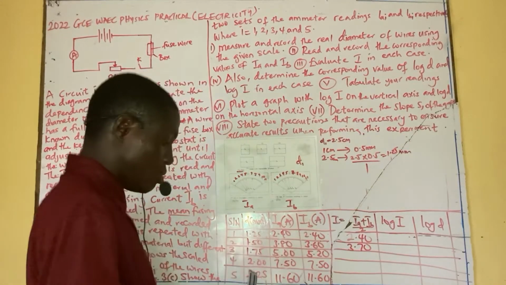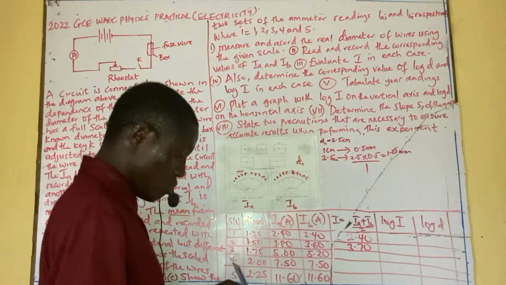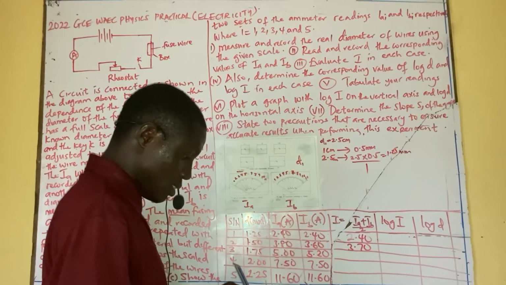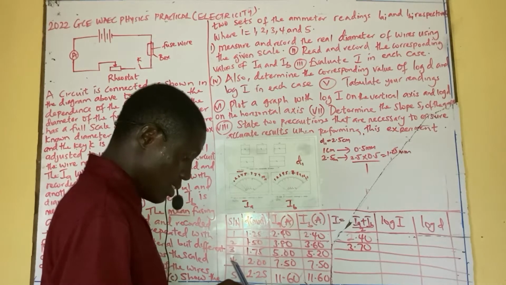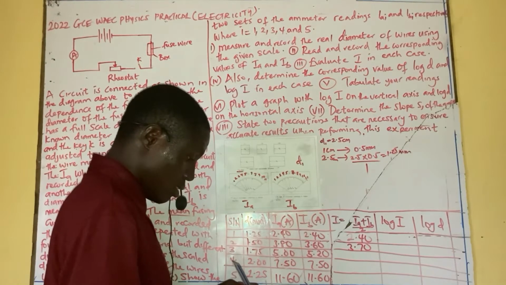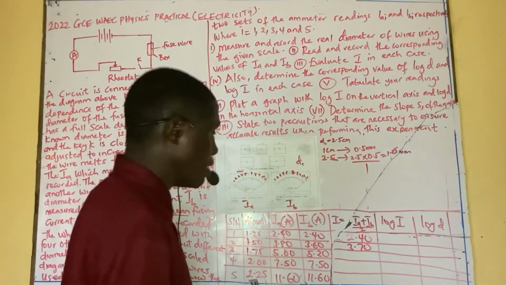Let's do it to confirm it. 3.80 plus 3.60 divided by 2 is 3.70, as I said earlier.